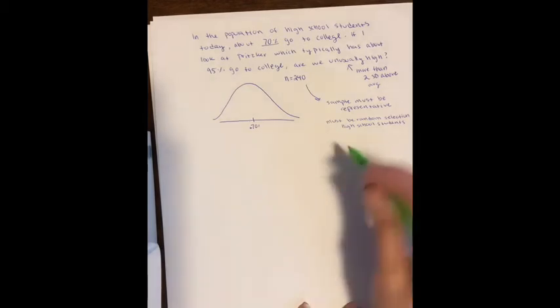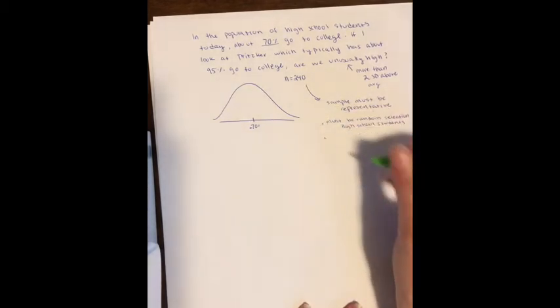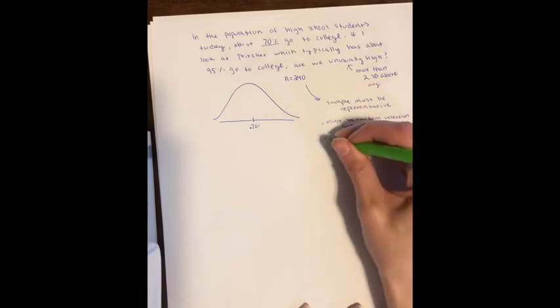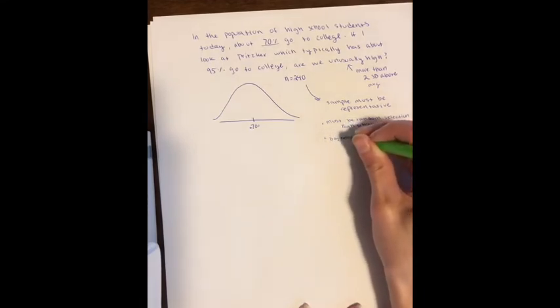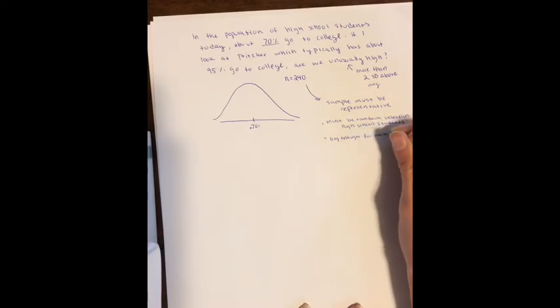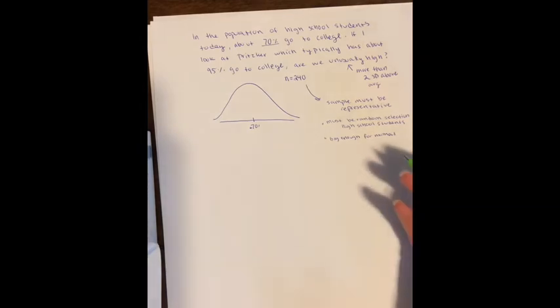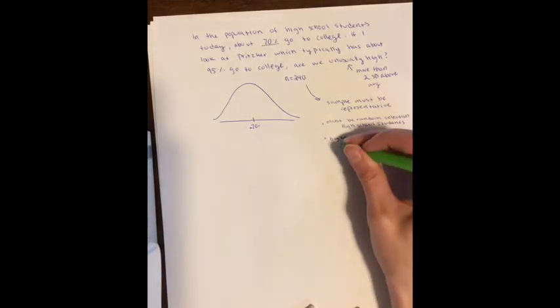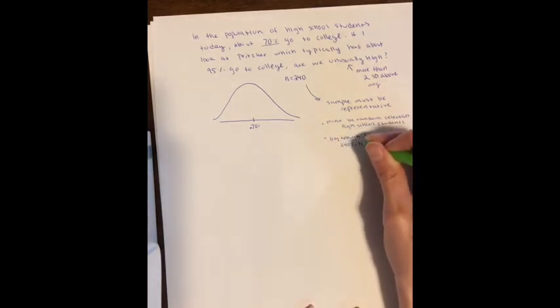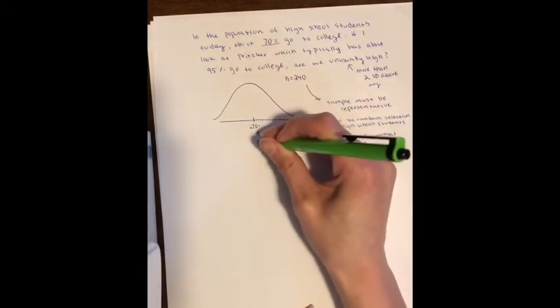So we're looking at a bunch of random samples of high school students. Okay, we also must be big enough to make this a normal distribution. And to check for big enough, it's based off of binomial probability, but we check that our sample size times the P, this is P, the population proportion.